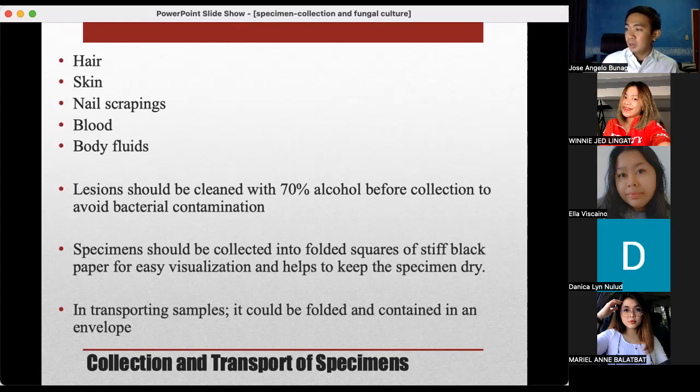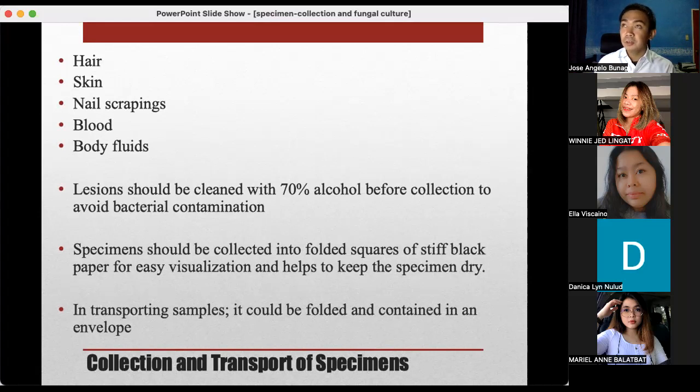However, this method has a high contamination rate, because our lysis centrifugation system could somehow be contaminated during the process. But the lysis centrifugation offers better recovery of Histoplasma capsulatum.